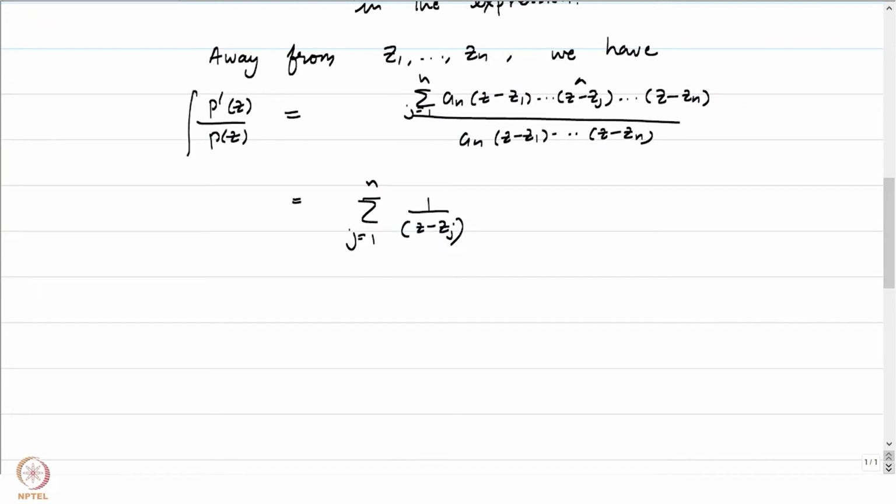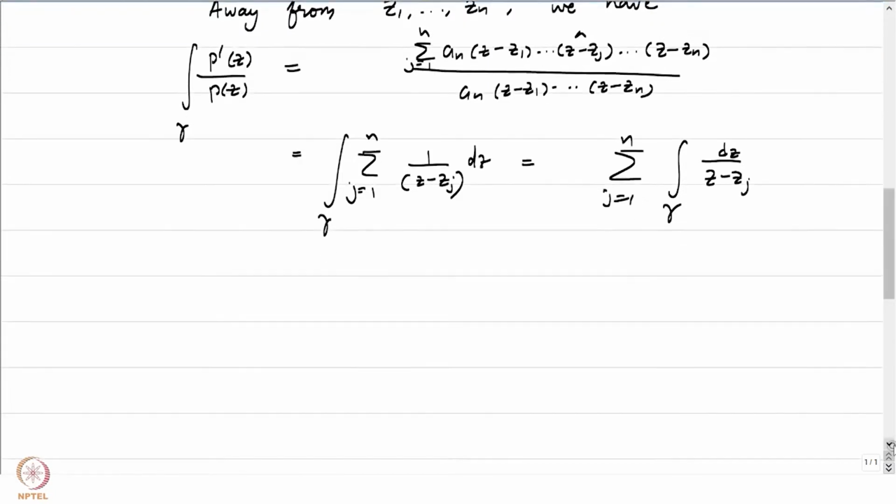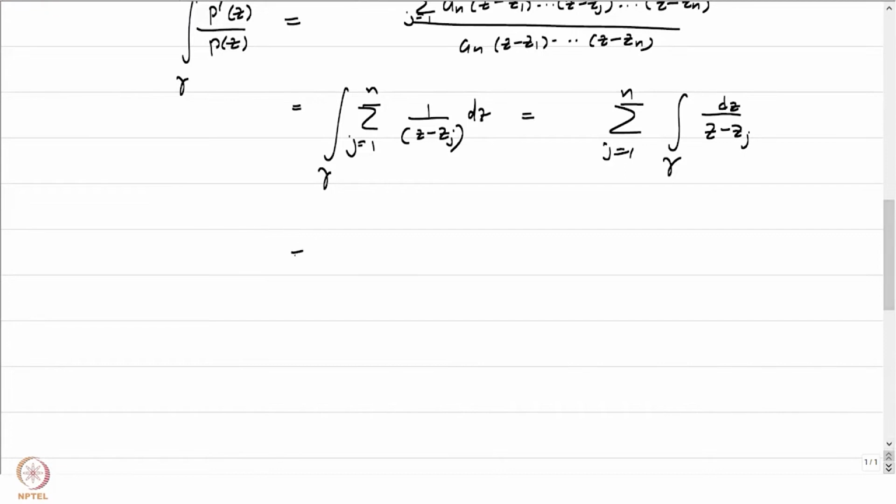We need to look at what this integral over gamma is. So that's going to be equal to the sum of the integral over gamma of dz by (z minus zj), where j is going from 1 to n, and that's precisely going to be equal to the sum of the winding number of gamma around each of these zj.